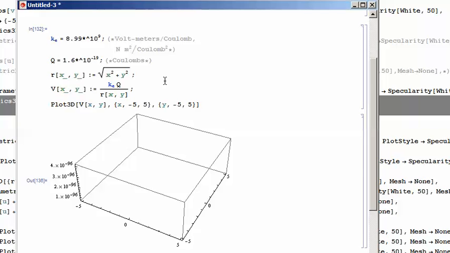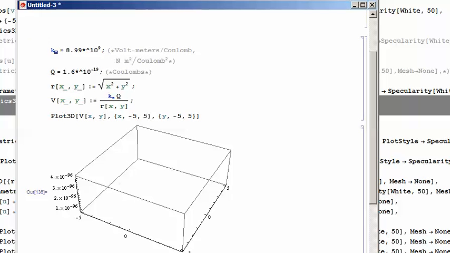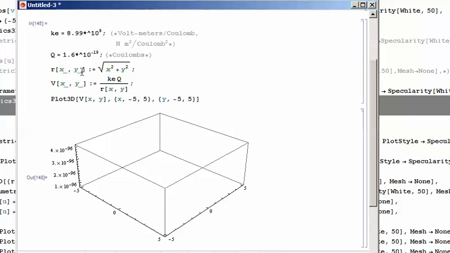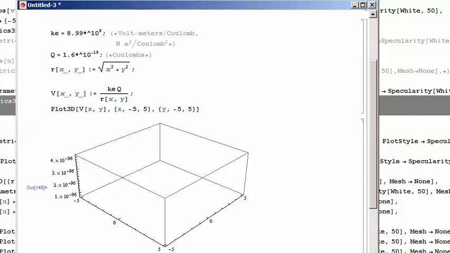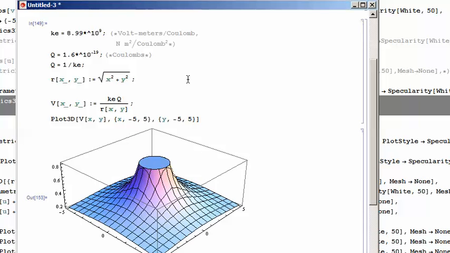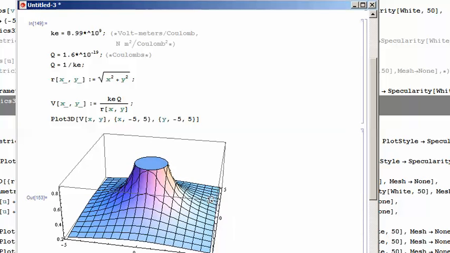So let's change that to just plain ke without any subscript and see if that fixes it. No, perhaps the problem is that it's not getting a good machine-size real number in this region. So I'm going to change the value of the charge so that k sub e times q comes out to be equal to 1. So this will actually just be 1 divided by the square root of x squared plus y squared. And that actually comes out looking pretty nice. Looks like a little volcano.